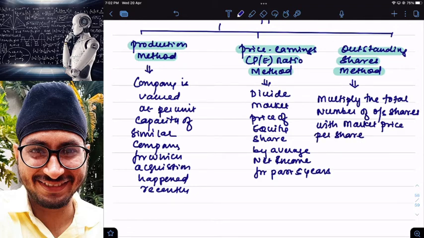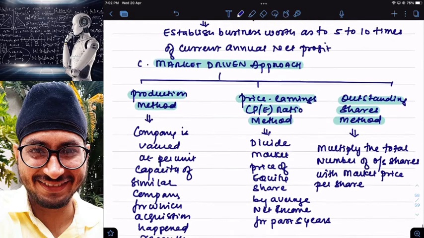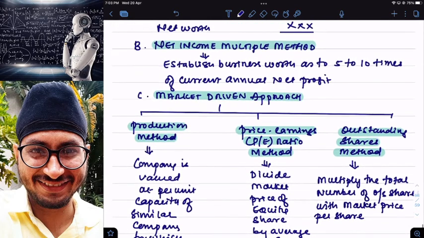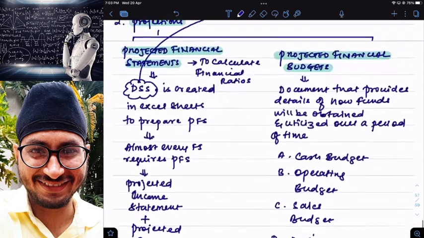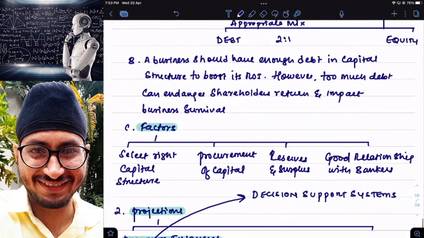When I multiply the total outstanding shares with the market price per share, it will give me what? It will give me net worth under which method? Outstanding share method. I hope it is clear. Anyone has any doubts in this concept? Financial strategy, any doubts?